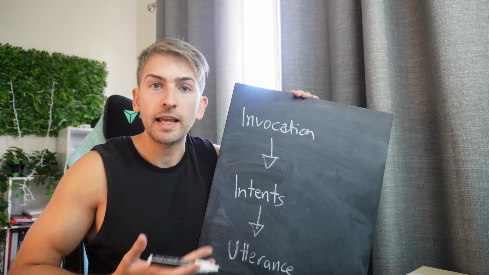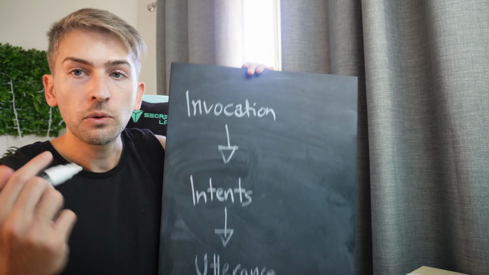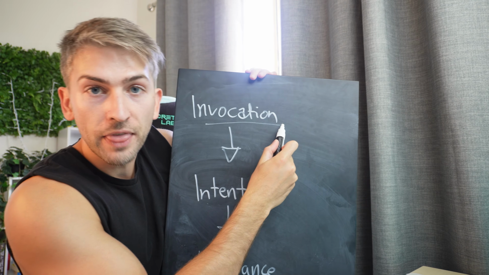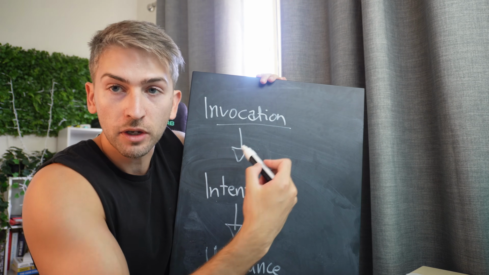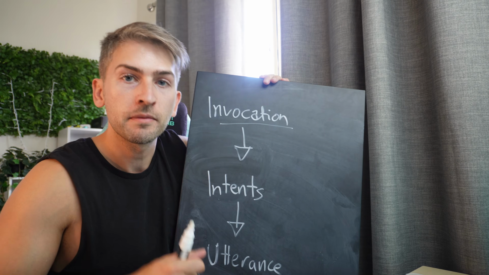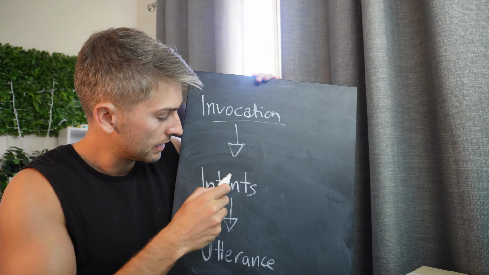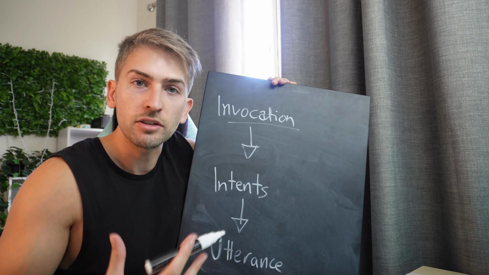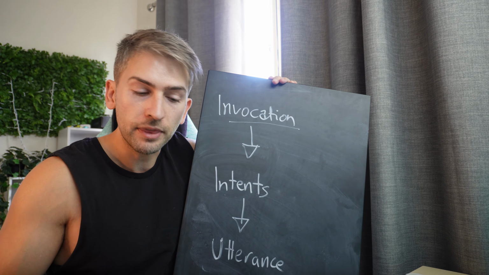When it comes to creating a custom Alexa skill, we have this concept of an invocation. Like I said, that is how do we actually invoke your custom application? That's the word spoken to actually start the app. Once you're in the app, there are what they call intents, and these are certain sections of your code that handle different things.